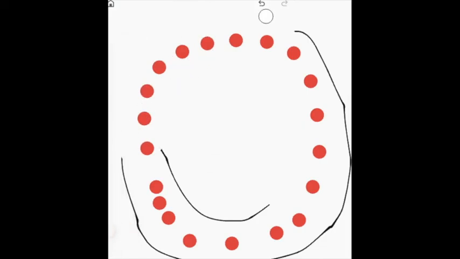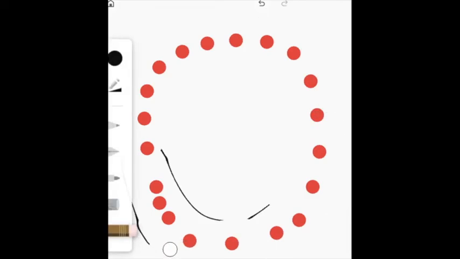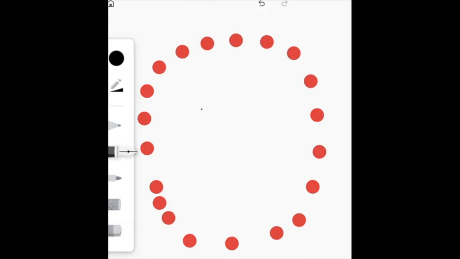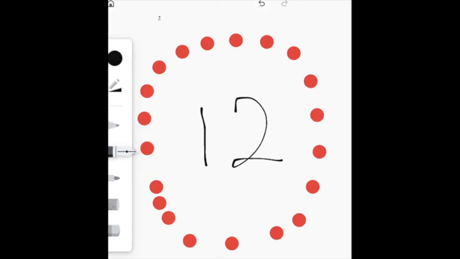Let's see what our brains tell us to do for this next problem. We're going to have to find the number 12. So 12 is 10, 2. And 20 is 2 tens. 20 minus 12.